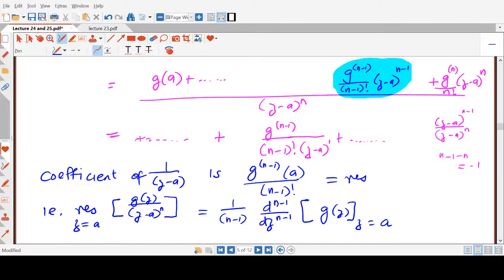So if you've got a term like 1 over z minus 2 cubed, then you have to do the derivative twice. Second derivative of the numerator and plug in z equals a. Then it's finished.